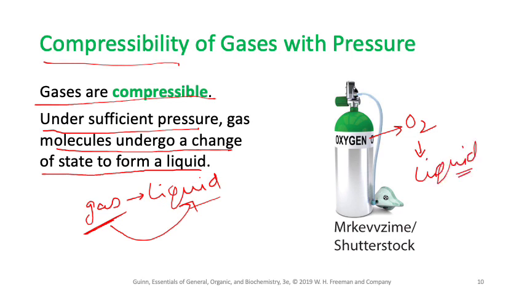Why? Because the oxygen gas is compressed with a high pressure so that it is converted into liquid oxygen, and liquid oxygen needs a smaller volume compared to oxygen in a gaseous phase, right? So that's why all this oxygen is compressed or pressurized in a small volume as liquid oxygen.